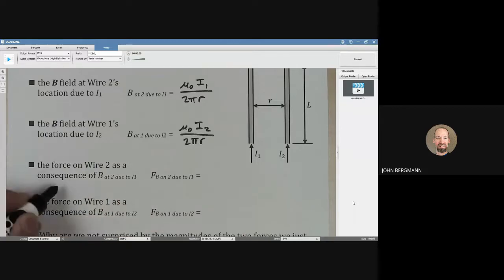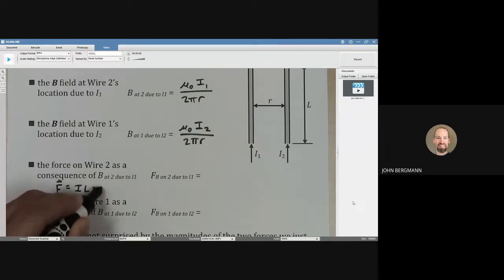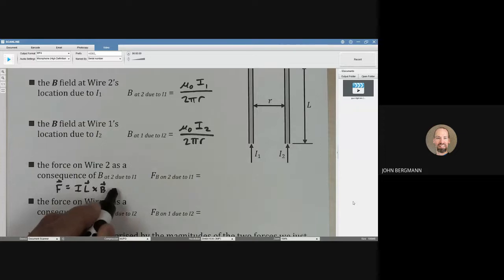Well, whenever we had the force, you might remember this equation, IL cross B, and here everything is at right angles to each other.